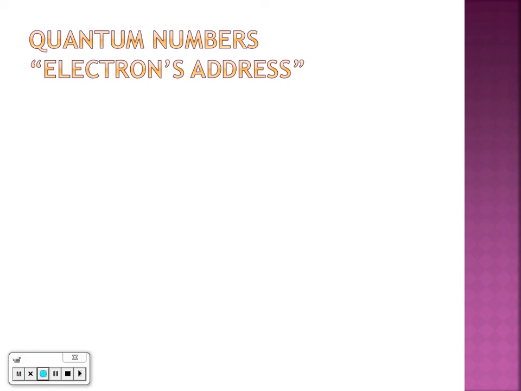Some are similar in shape, some are similar in color, but we have to tell them apart. And the way we do that is through something called quantum numbers. It's like an address for the orbital that we're trying to describe. All of you have separate addresses. All of you have places where you're most likely to be if you're not in school, right?